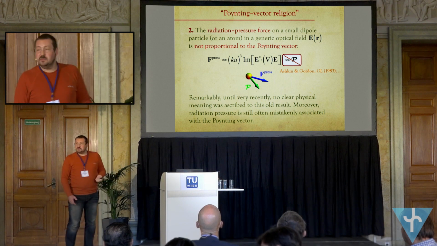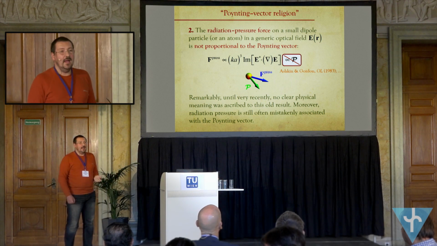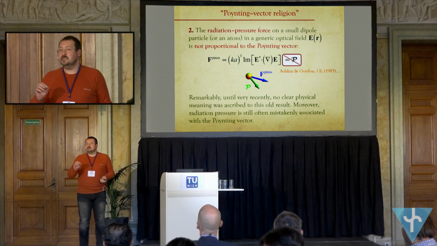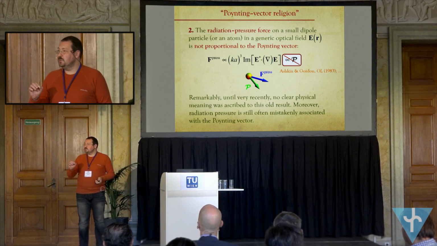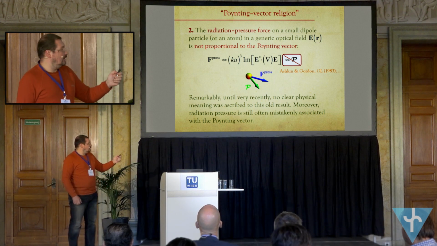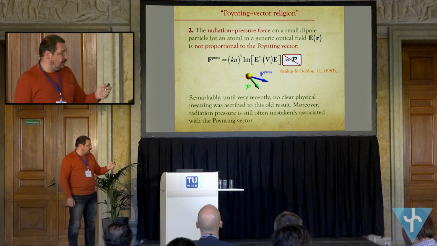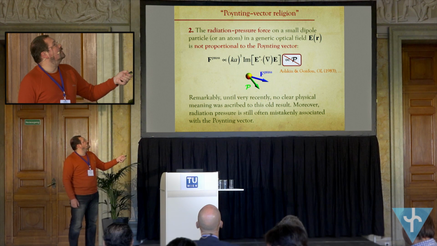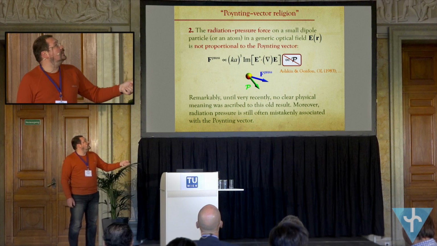Okay, so what about radiation pressure? As the most natural local probe for the radiation pressure, we can choose a small dipole nanoparticle, or an atom, the simplest atom interacting with an inhomogeneous optical field. The radiation pressure force for a small dipole particle was calculated a long time ago.